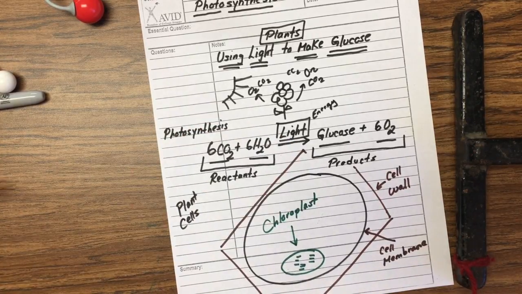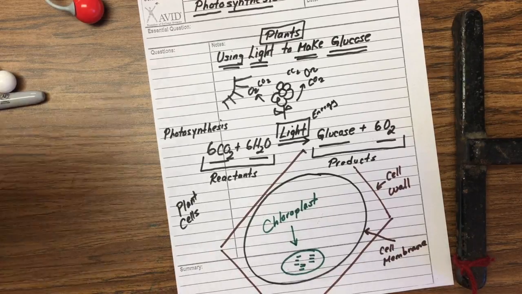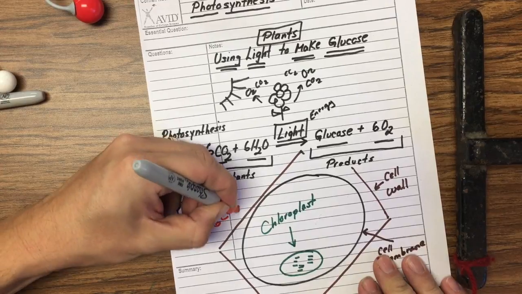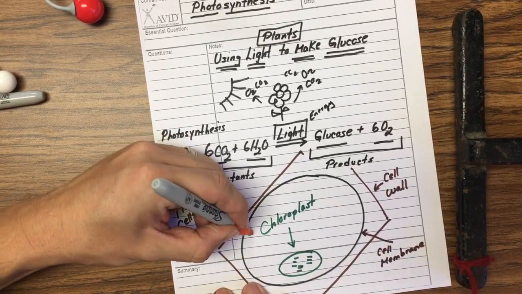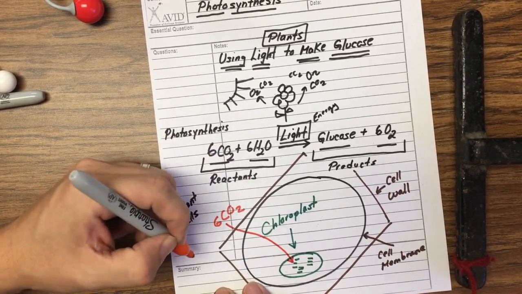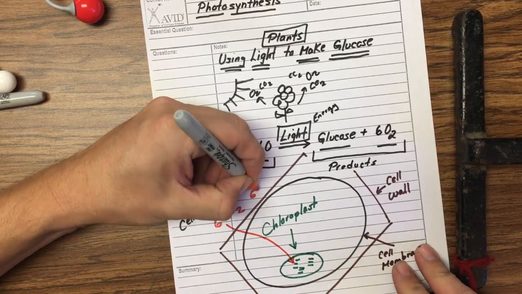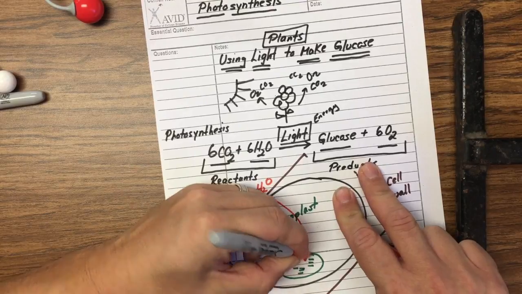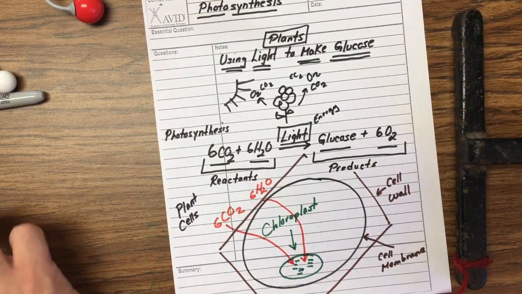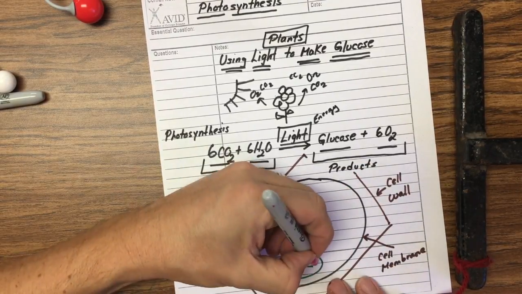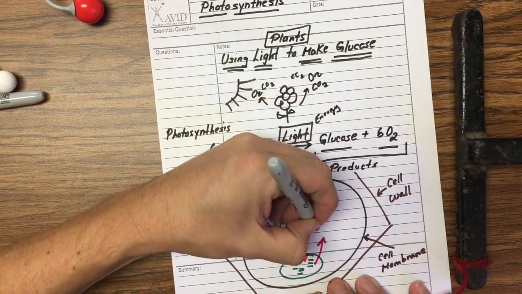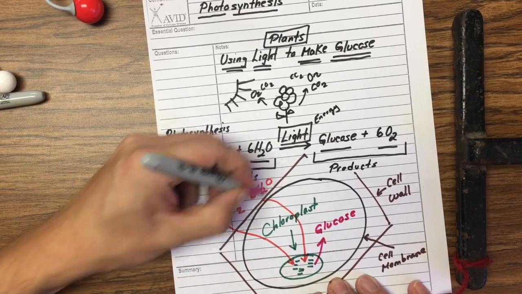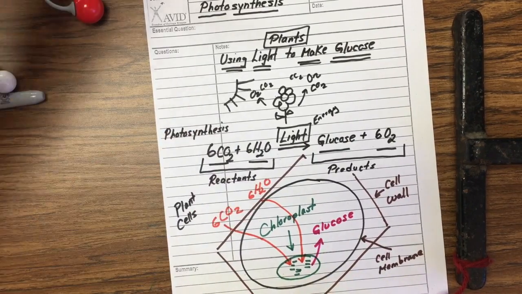So what you guys have to imagine is that the 6 CO2 goes into the cell, into the chloroplast. The 6 water molecules also go into the plant cell, into the chloroplast. And what the chloroplast is going to do is spit out the glucose, 1 molecule of glucose for every 6 CO2 molecules, right? Because think about it.